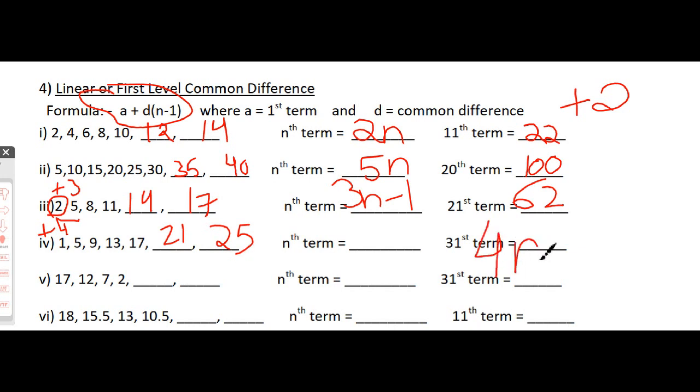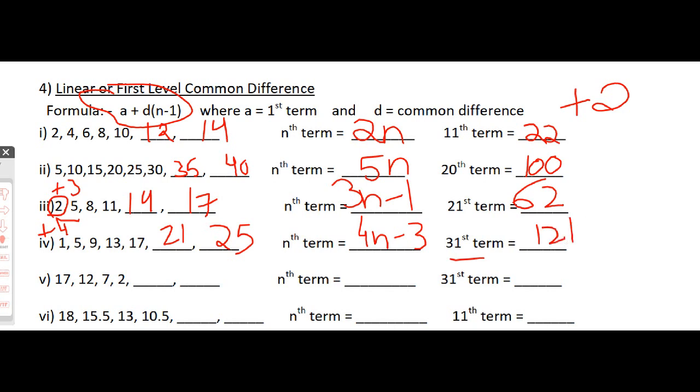My first term right now is 4, because 4 times 1 is 4, but the original first term is 1, so I subtract 3 from it to get the nth term. So the nth term is 4n minus 3. Now the 31st term will be 4 times 31 minus 3, which is 121.